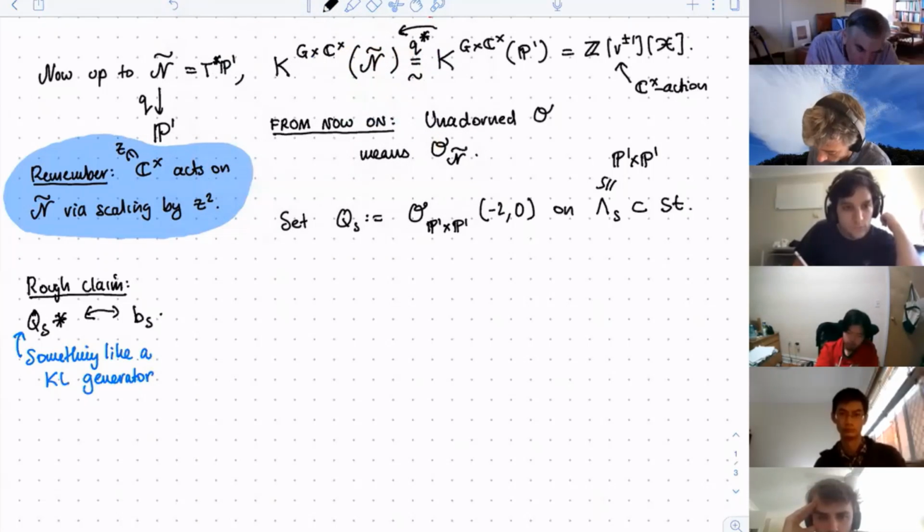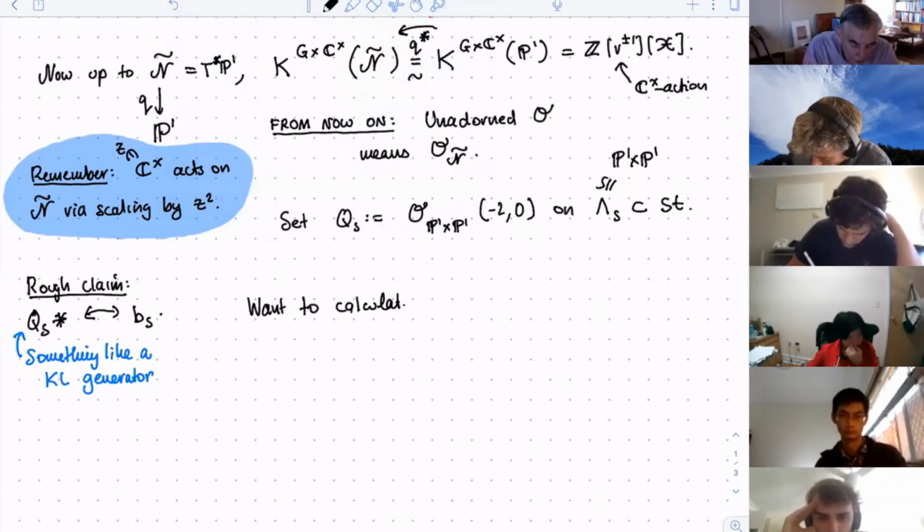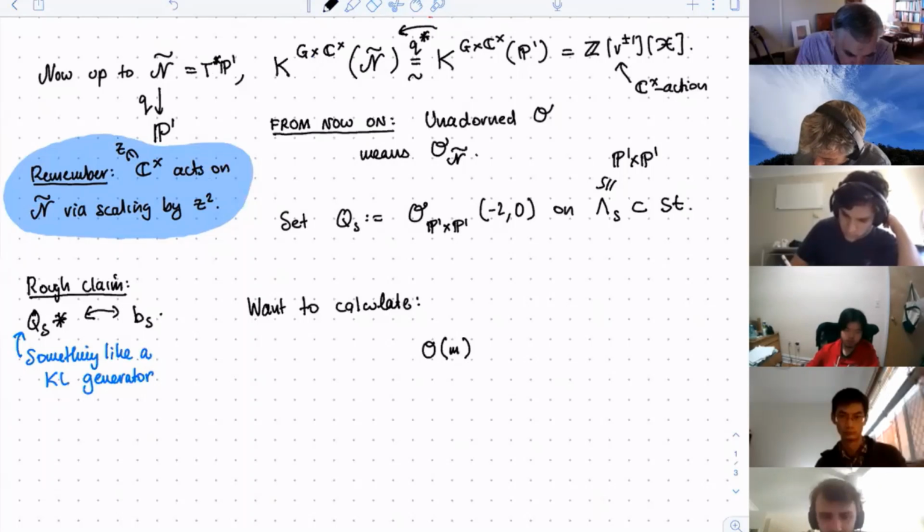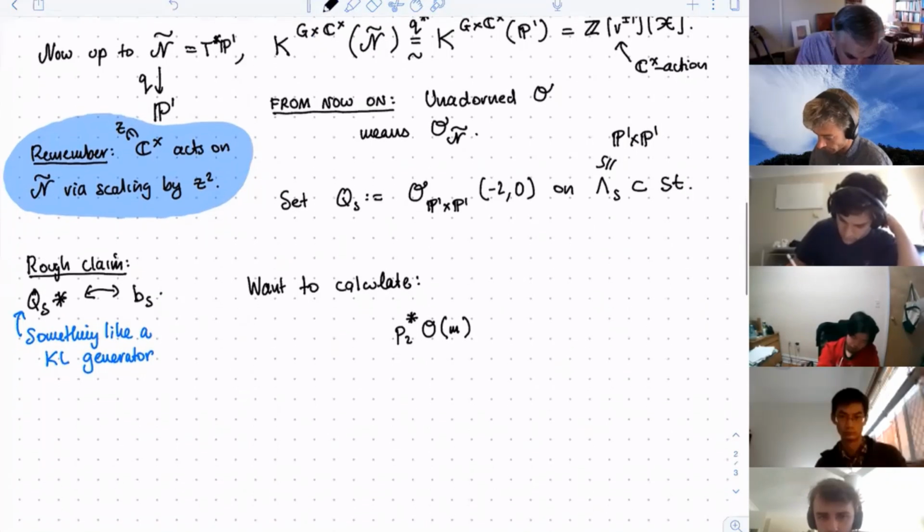Okay, so what do we want to do? We want to calculate how this acts, i.e., we want to take O of M on n tilde, so I'm allowed not to adorn it. We want to pull it back. So my diagram is now the following.